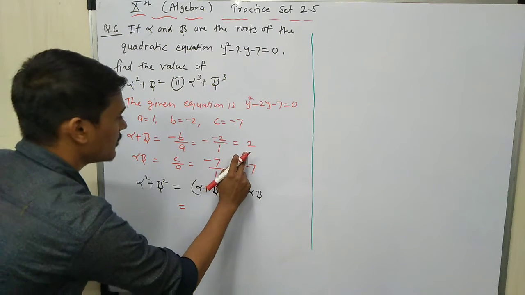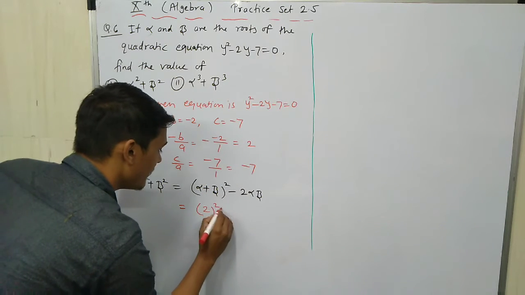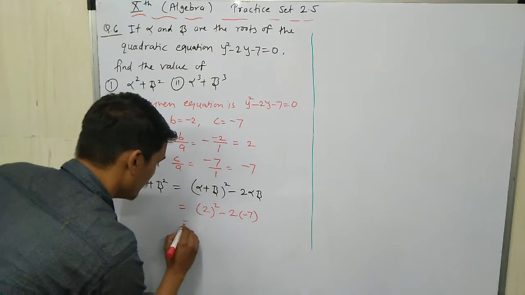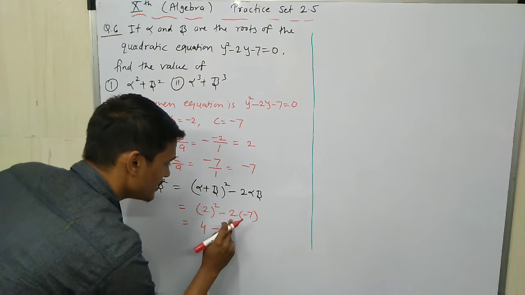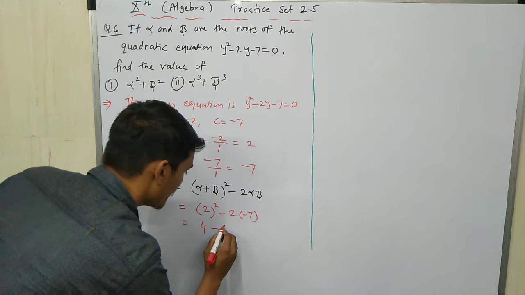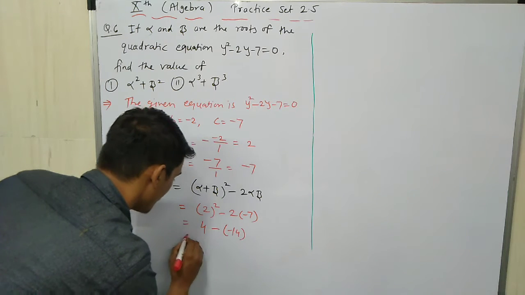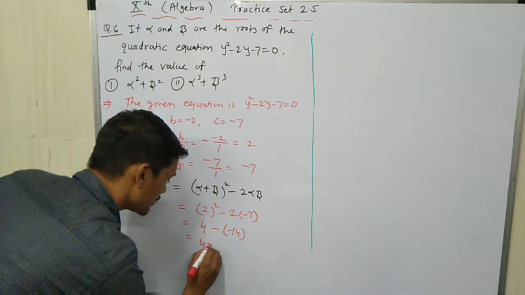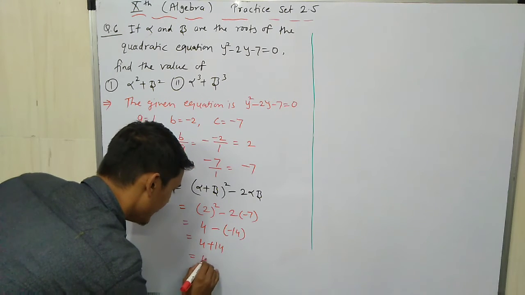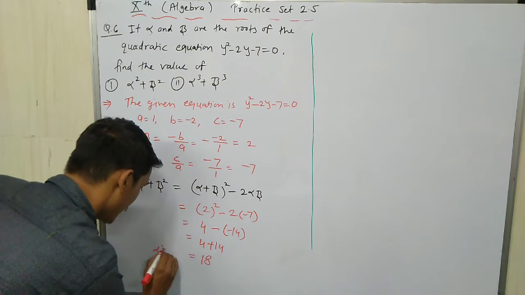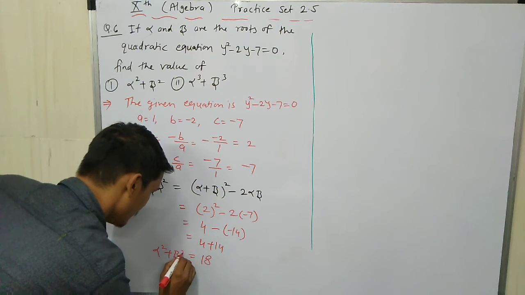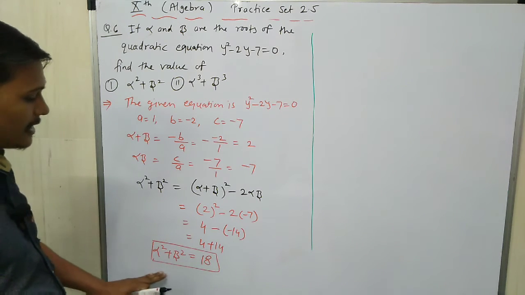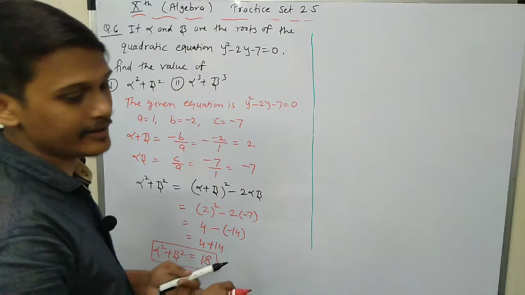Alpha plus beta is 2, 2 whole square, minus 2 alpha into beta, which is minus 7. 2 square is 4, minus 2 times minus 7 is minus 14, and minus minus will be plus. 4 plus 14 is equal to 18. This is alpha square plus beta square. Clear? Alpha square plus beta square is equal to 18.